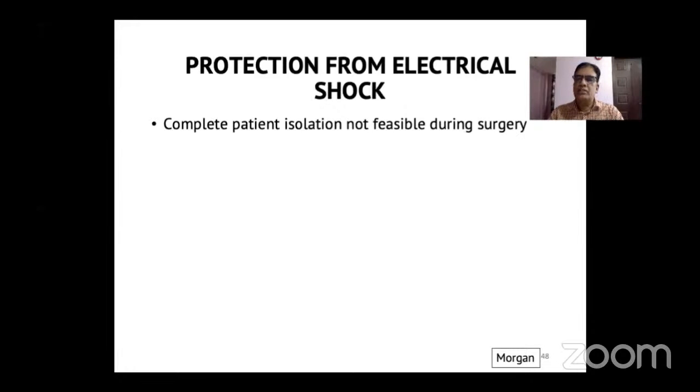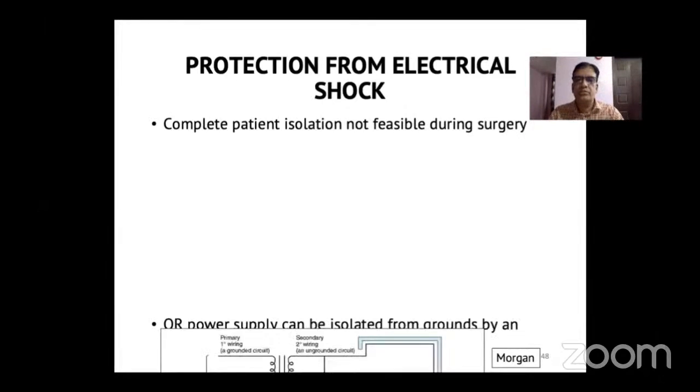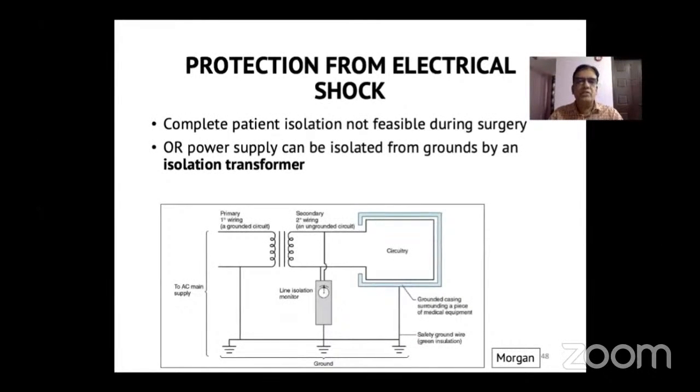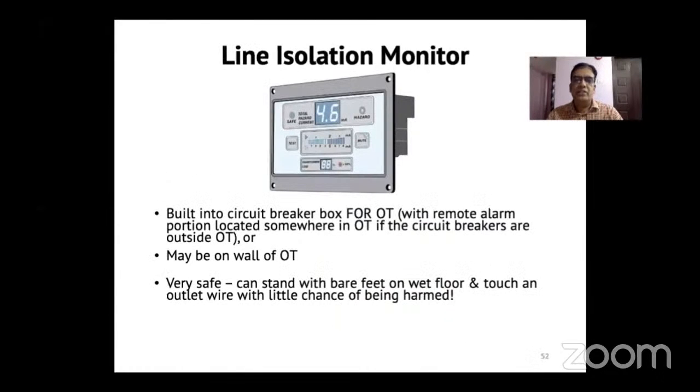Complete patient isolation is definitely not feasible, because as I told you, he has to be the one who is being operated. So we have what is known as an isolation transformer, which is kept in many of the operation theaters. I will not go into the details. But we can have some electrical measures related to line isolation, which is normally built into the circuit box for the operation theater.